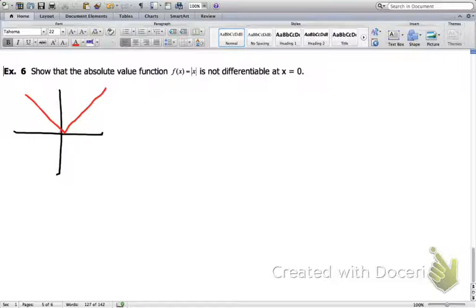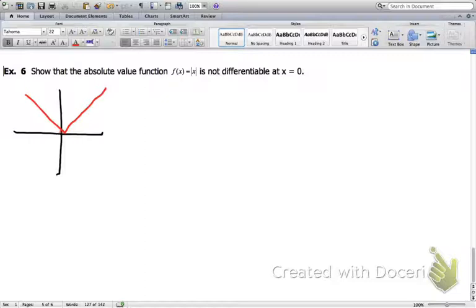All of our y values are going to be positive. Our x values can be negative, but when they come out of our absolute value brackets, they are now positive. That is just what an absolute value does.